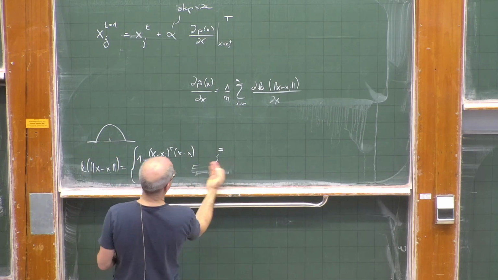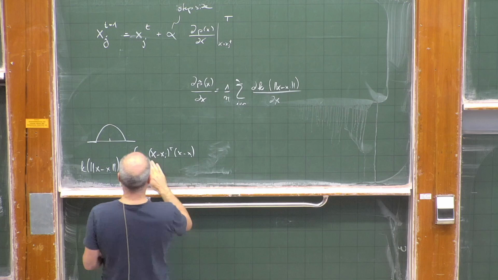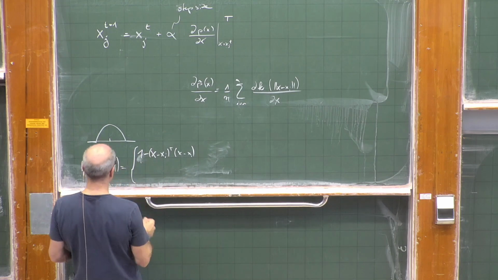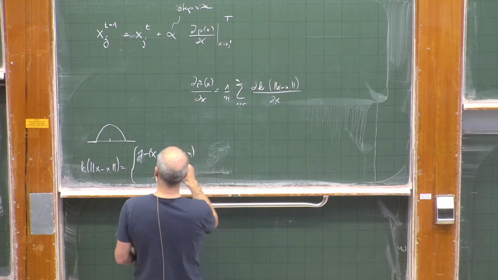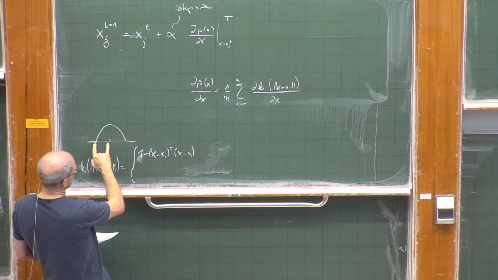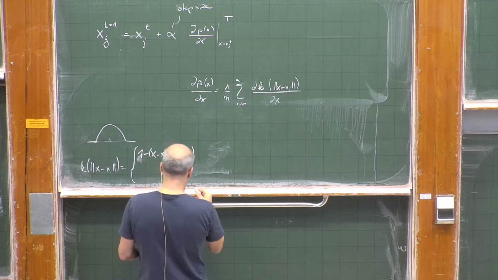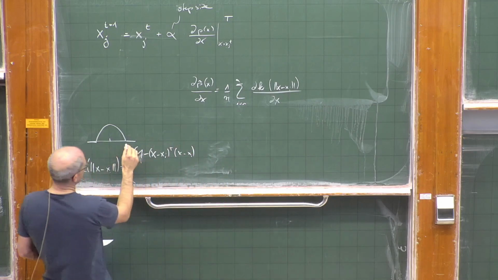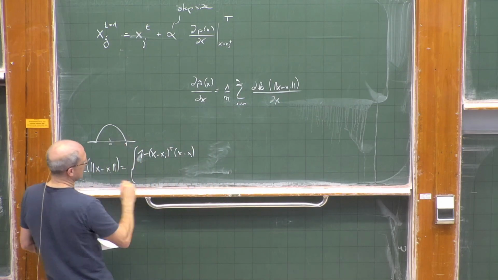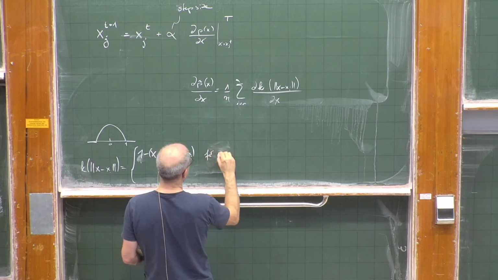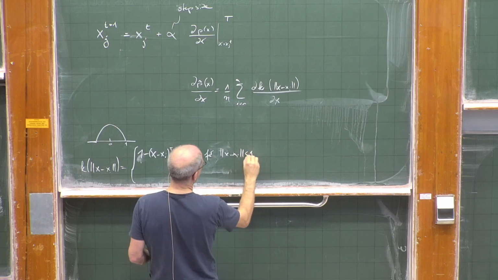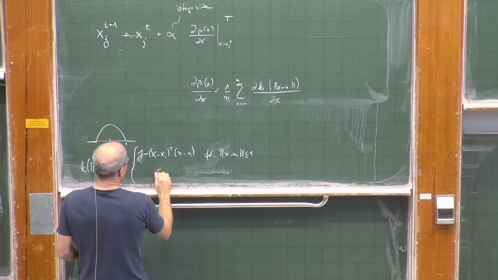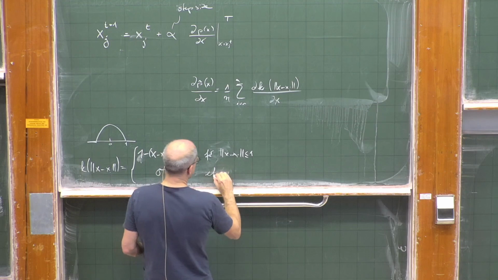I'm sorry, I'm running out of space here. It is this inside this range here. I'm now simply assuming that the bandwidth here is 1. And it is 0 otherwise.